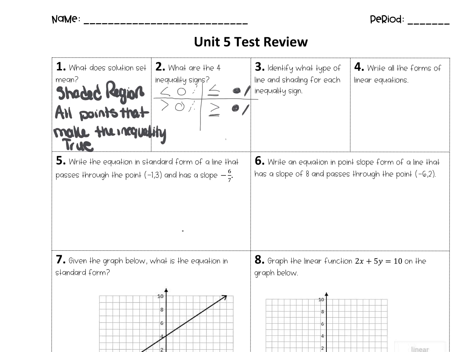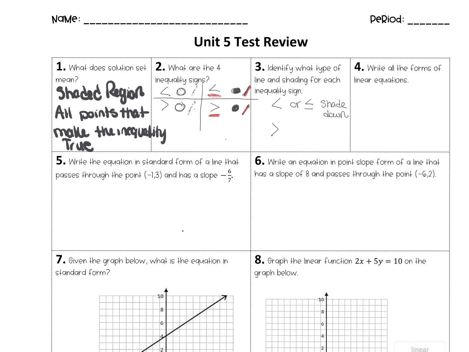What type of line and shading should be used for each inequality sign? So that's what I just did in the last one. Again, open, dotted, closed, solid. Remember, if you have the equal to line, you're going to have a solid. And then in this box, if you have the less than or equal to, shade down or underneath.